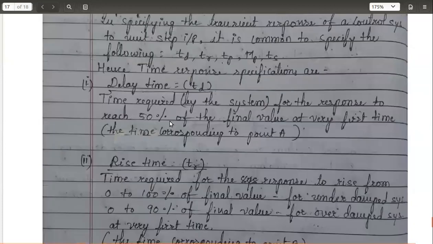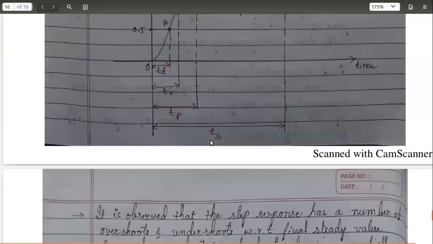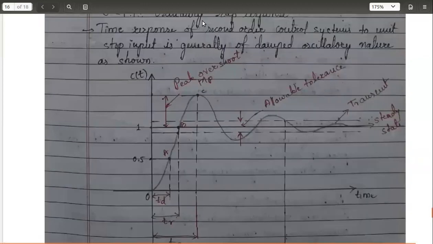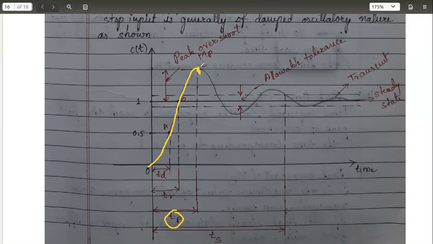Talking about the third one, that is peak time, T P. In the figure you can see what the peak time is. Peak time is the time required for the response to achieve the highest overshoot, that is the peak value, that is point C. So this time is called peak time.